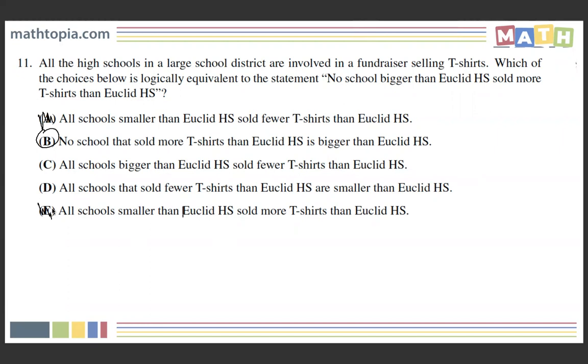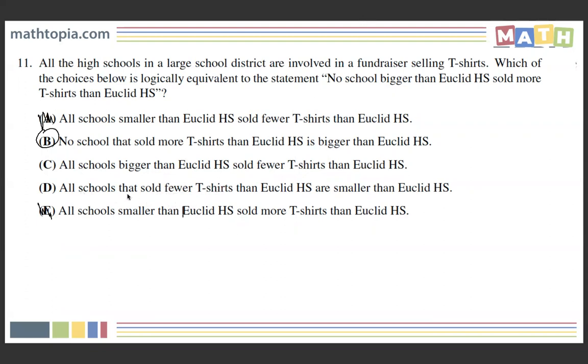All schools that sold fewer t-shirts than Euclid HS are smaller than Euclid HS. Well, once again, this statement is talking about schools bigger than Euclid HS and how none of them sold more t-shirts than Euclid HS. This statement is saying all schools that sold fewer t-shirts than Euclid HS are smaller than Euclid HS, which is actually the wrong way around, and it's also referencing schools that sold fewer t-shirts.